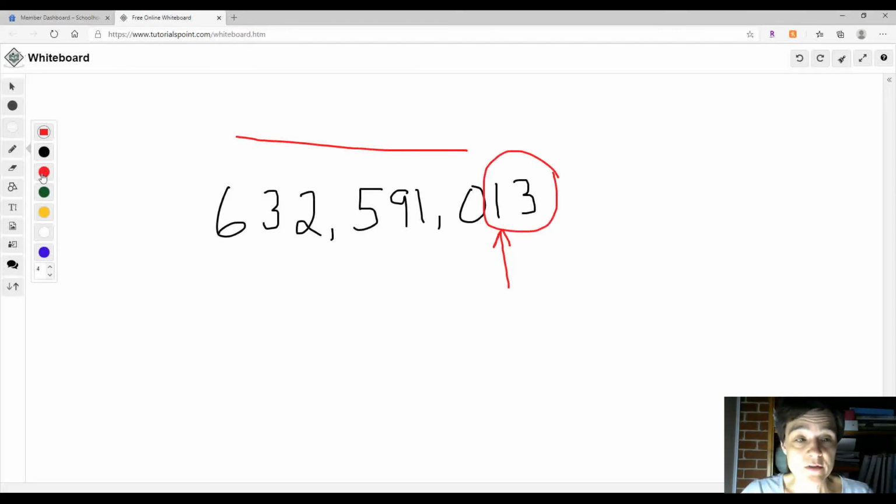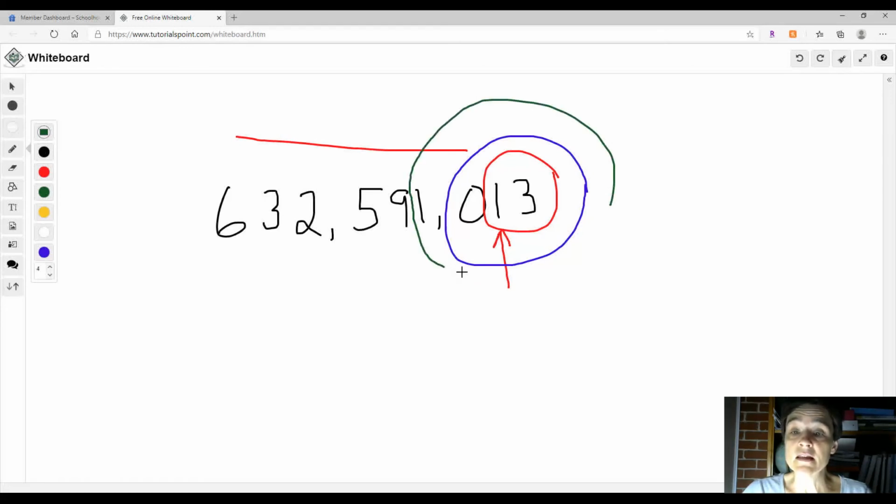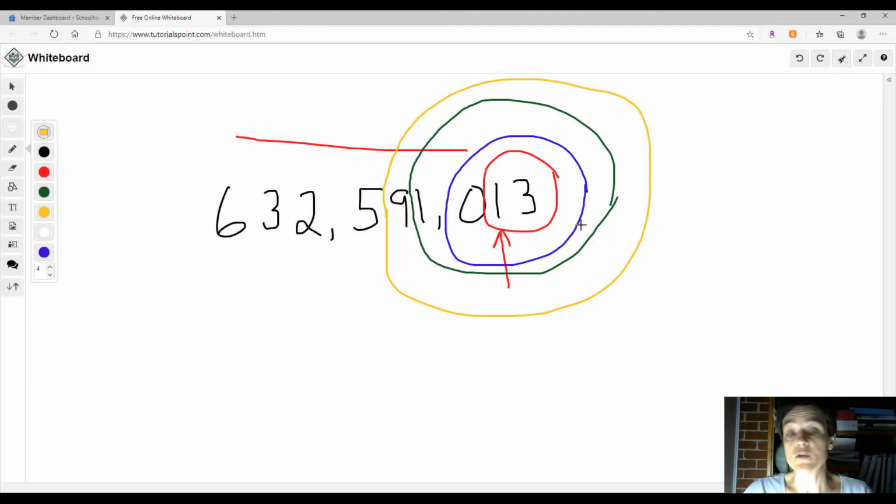The next one says round to the nearest 100. That means these numbers will change. All the rest stay the same. Then the next one says round to the nearest 1,000. That means these will change. Then it says to the nearest 10,000. That means these will change. All these will change to whatever it's going to be. These will stay the same.